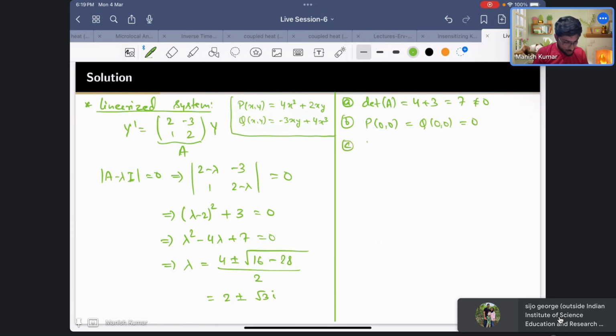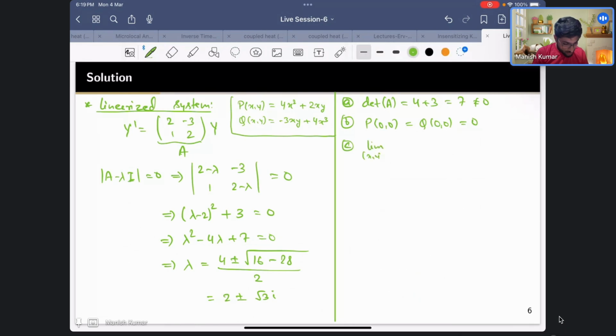The third thing was to verify this limit: as xy tends to 0, 0, for this, 4x square plus 2xy upon root x square plus y square, is 0, right? And in fact this is true, right? Everyone agrees with this fact. Is this point fine?